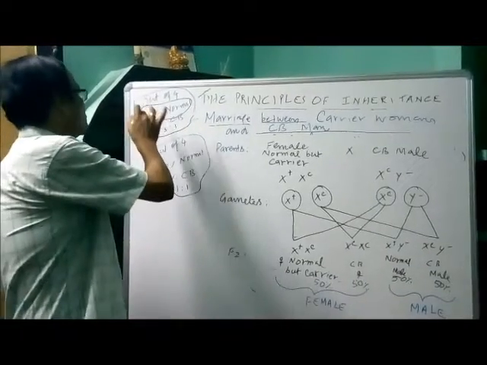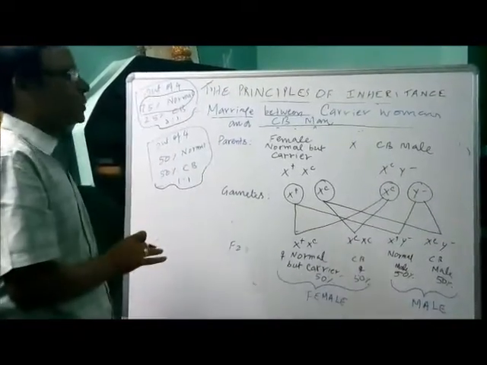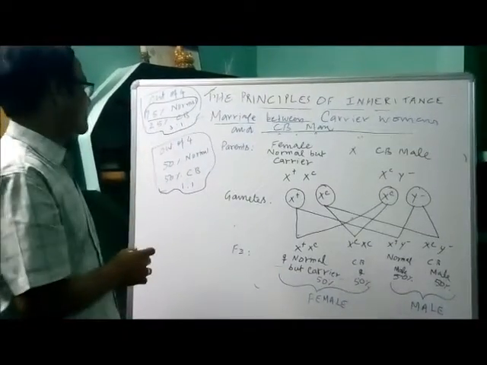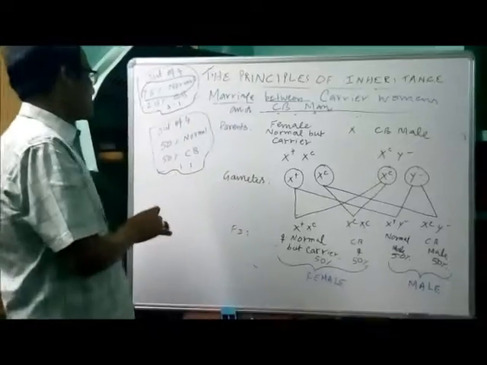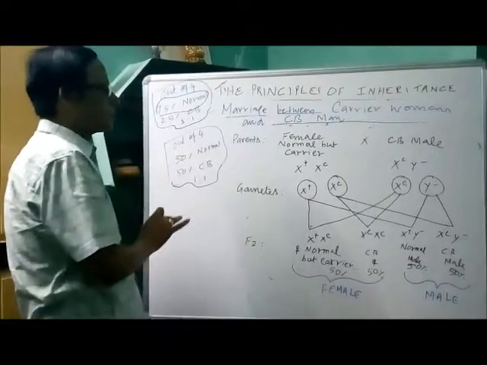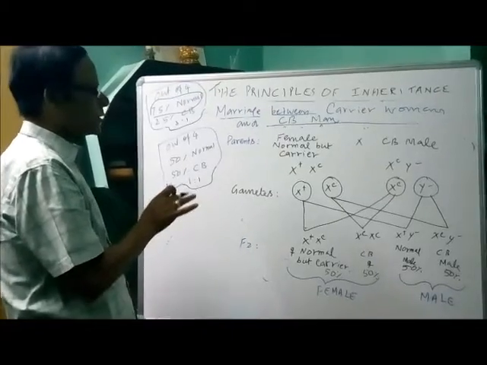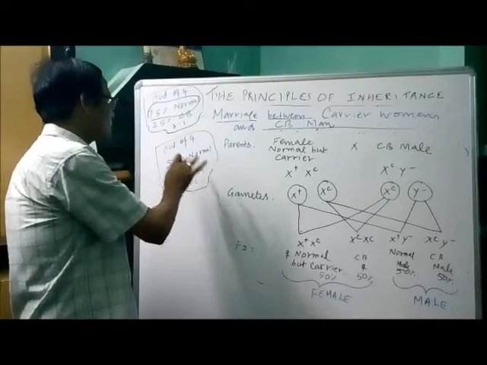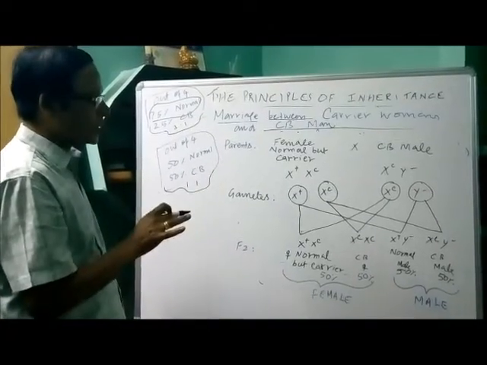There are 2 daughters and 1 son normal and only 1 son colorblind in the previous case. Now in these marriages, out of 4, 50% of the individuals are normal, there is 1 female, 1 male. 50% of the individuals are colorblind, there is 1 male, 1 female.